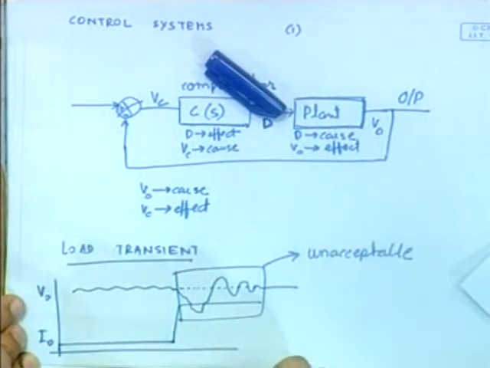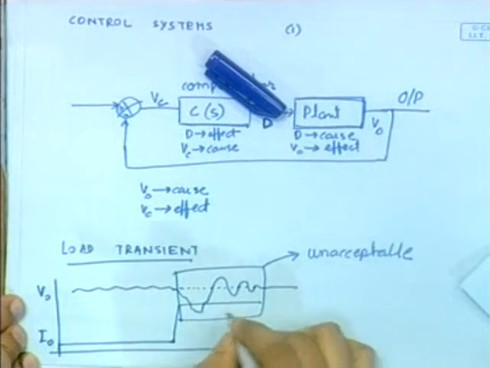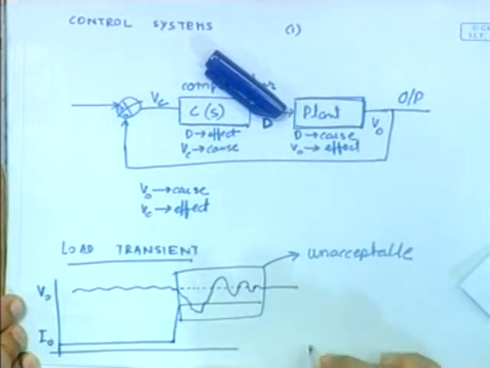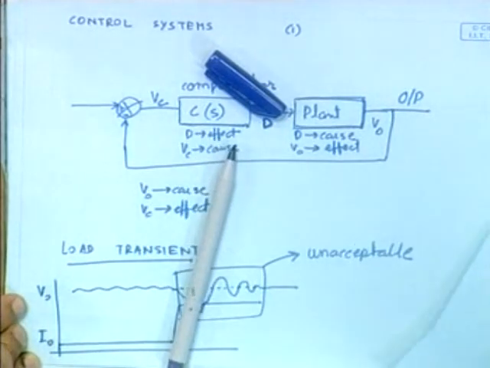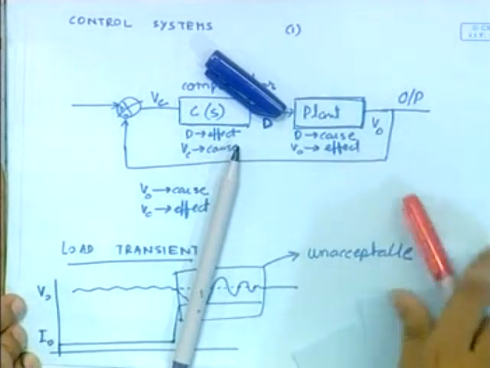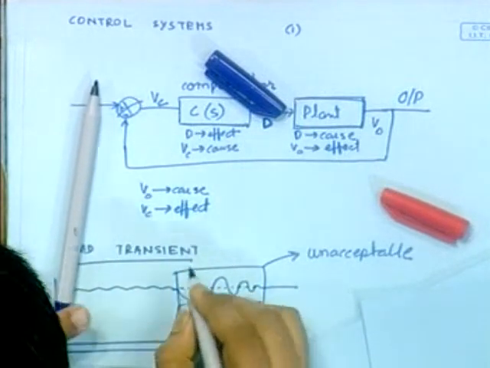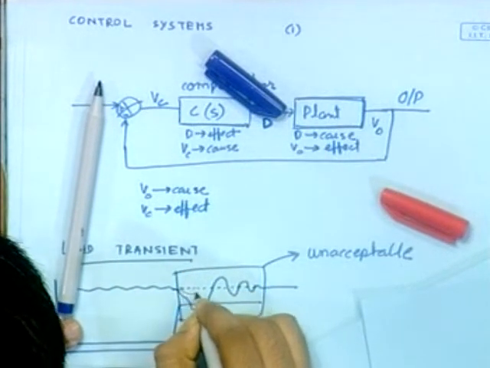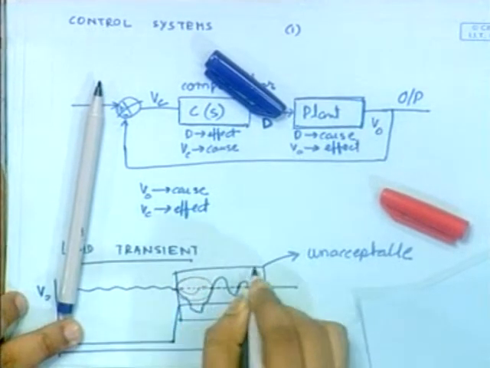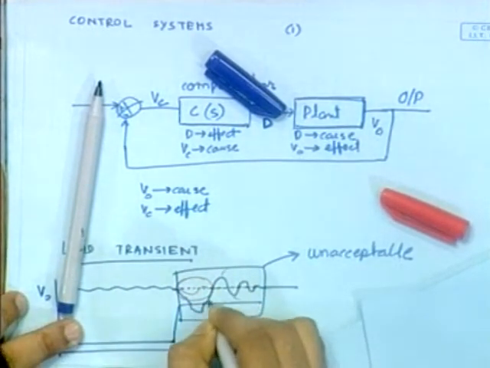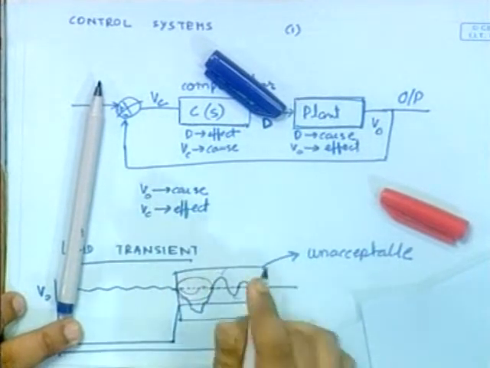What should our controller do? Our controller should ensure that this thing gets settled quickly, like this. It should minimize the overshoots, undershoots, and the settling time.